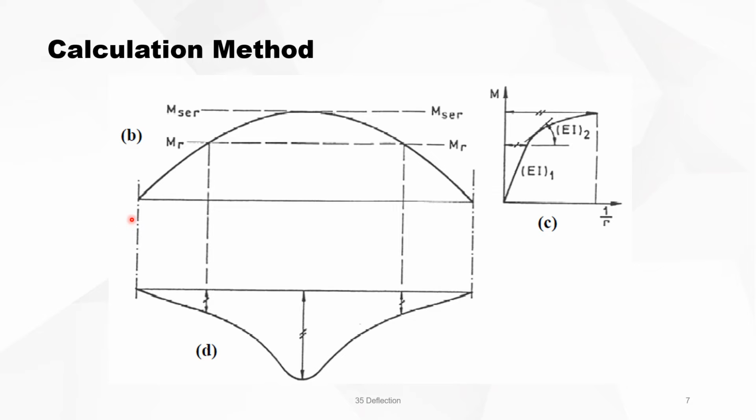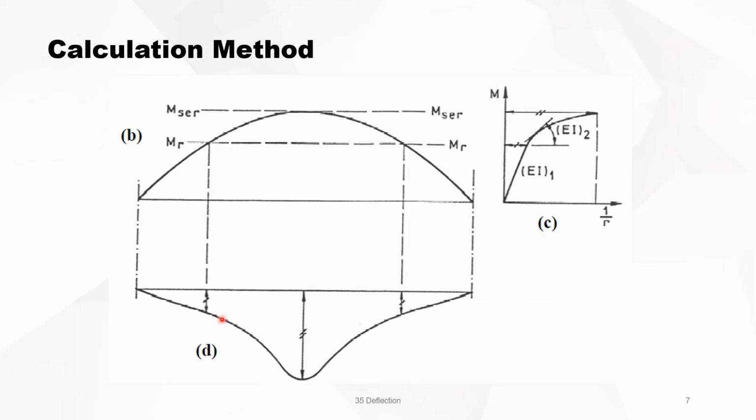To illustrate this, if you have the bending moment, then we have here the level of the cracking moment. This is the maximum bending moment in the section, and we plot now here the curvature. Then you will see that it is almost linear from 0 until the first cracks appear, and then it starts deviating from linear until it reaches its maximum curvature, where the bending moment is maximum.